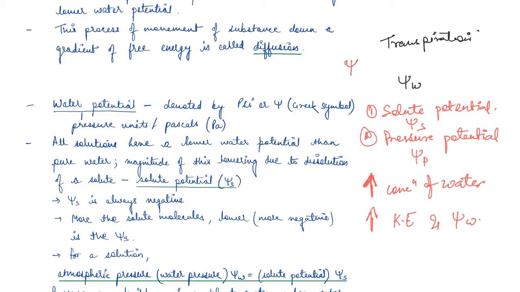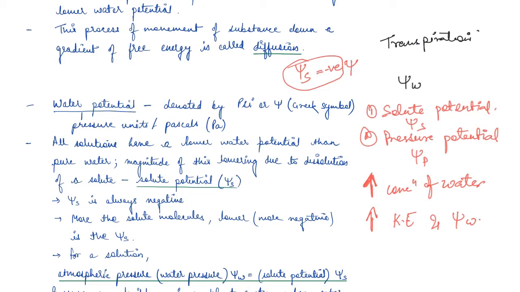Because of the presence of solute, the water potential is decreasing, right? Remember that solute potential will always be negative. And the more solute molecules, the lower the solute potential will be, so it will be more and more negative, right?